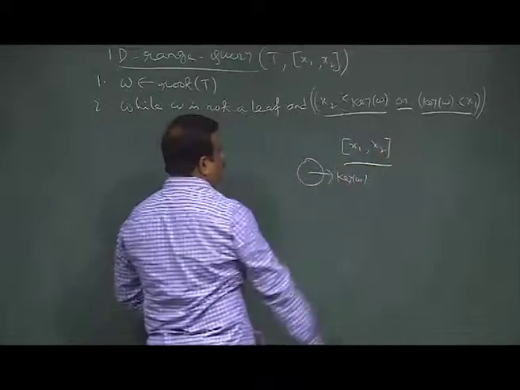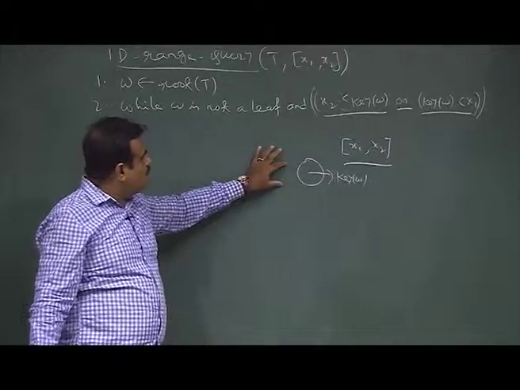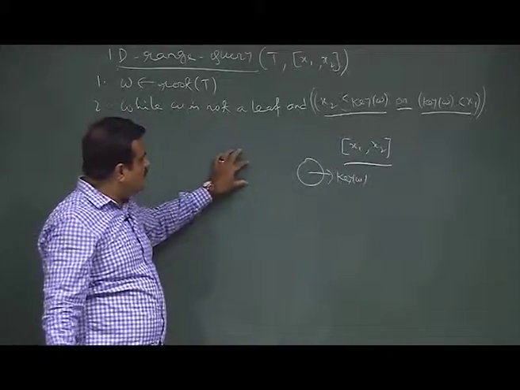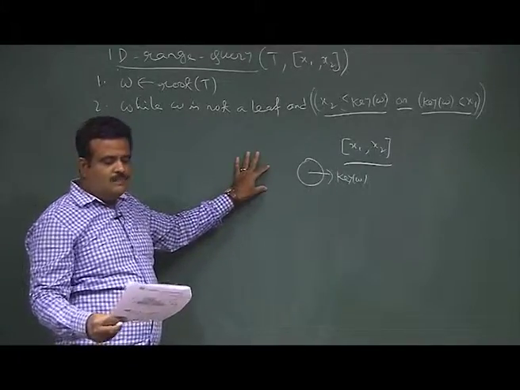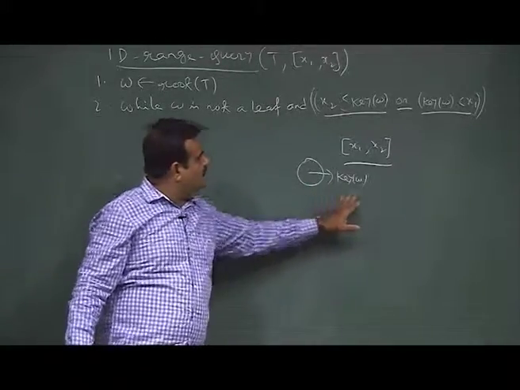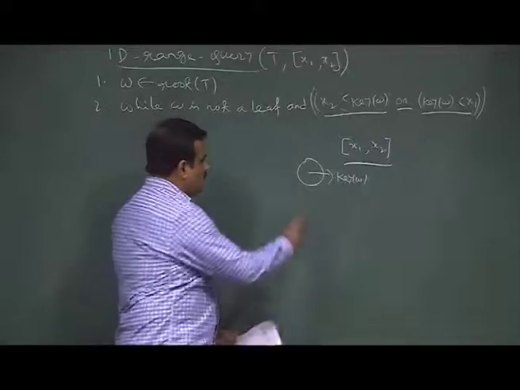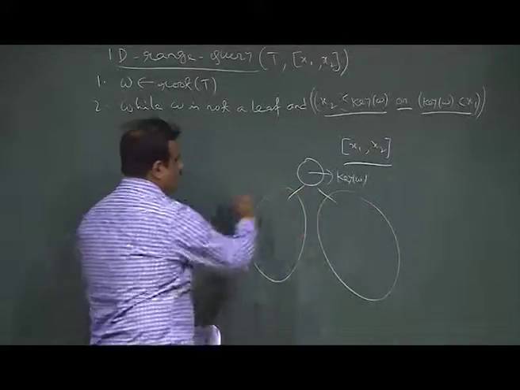We are looking for the points which are overlapping with x1, x2. Now, if x2 is less than key of W, that means our interval is completely in the left side, then we will go to the left part. Otherwise, if x1 is greater than key of W, then our interval will be on the right side. So, we have to search for this part either way.